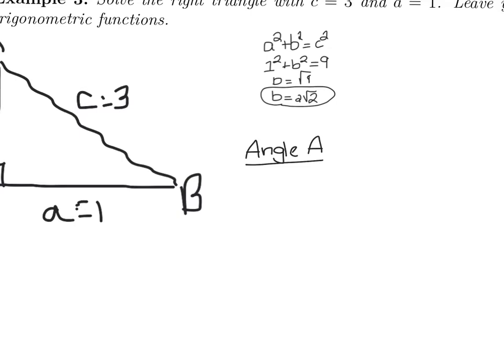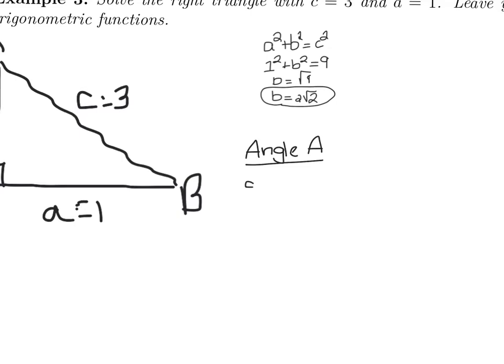So for angle A, I've got all three of my sides, so really I could use any of the trig functions because I have all three sides, adjacent, opposite, and hypotenuse to angle A. So really it doesn't matter which one you use here.